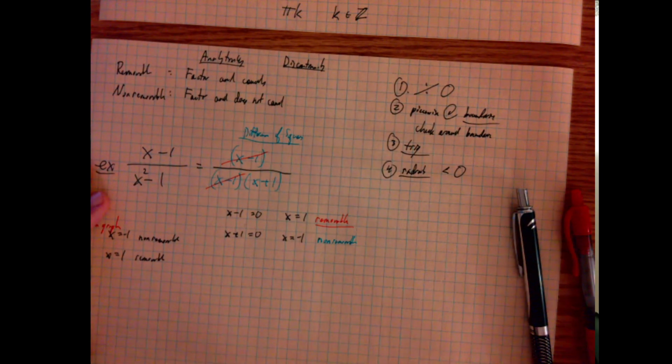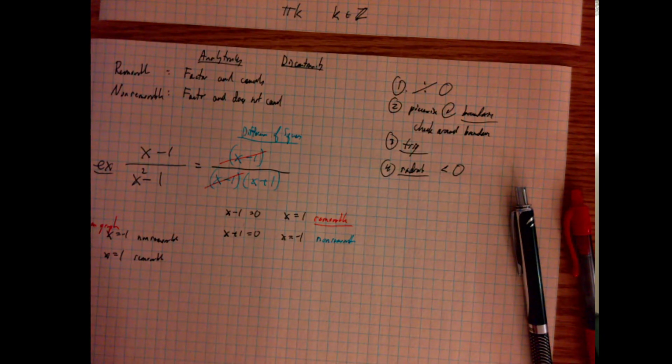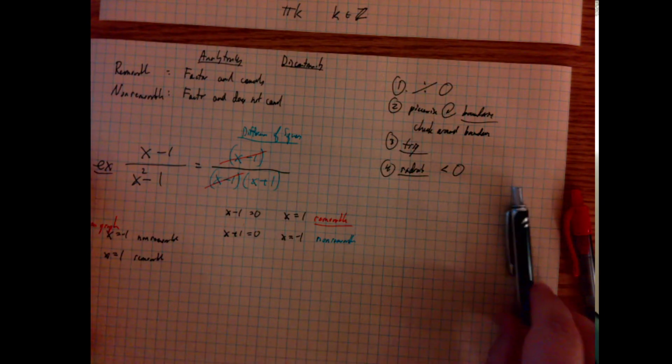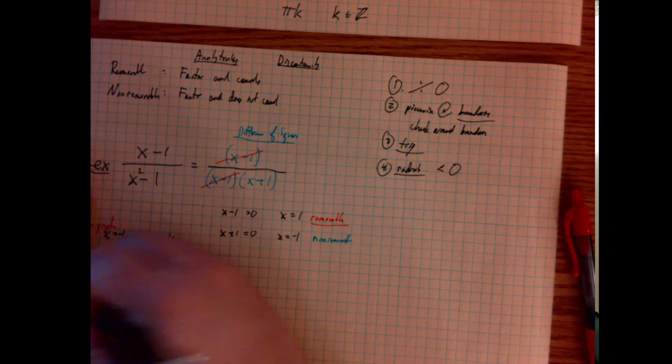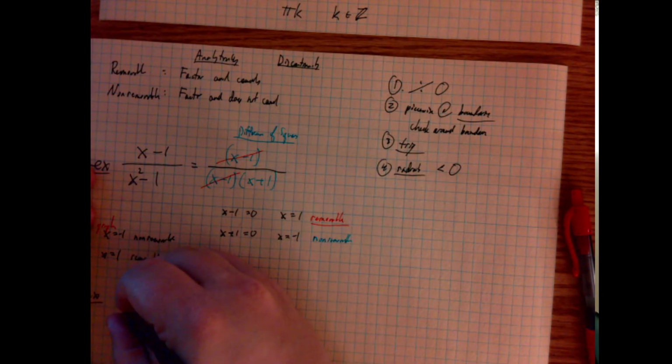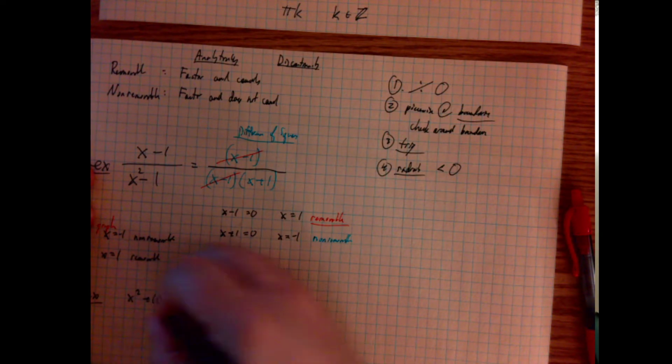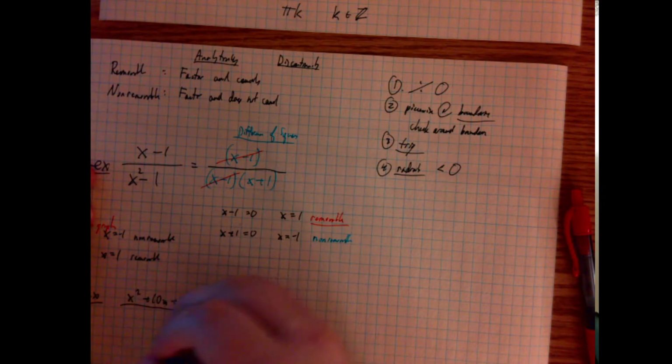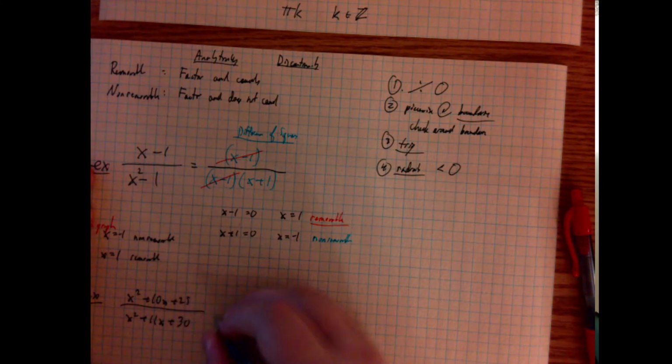Let's look at another one real quick. Same basic function. In this case, this will test your factoring abilities today. I have x squared plus 10x plus 25 over x squared plus 11x plus 30.